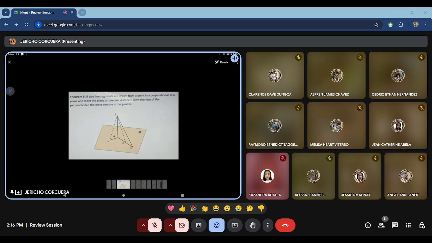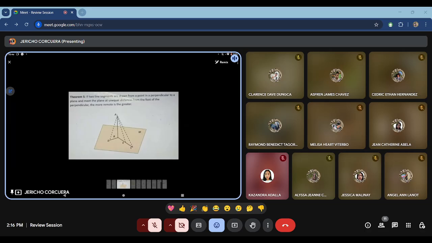You can see that the more remote is greater, that line AC is greater because it is unequal, and you can see that line BC is longer than line BD. So we can say that the more remote is greater.